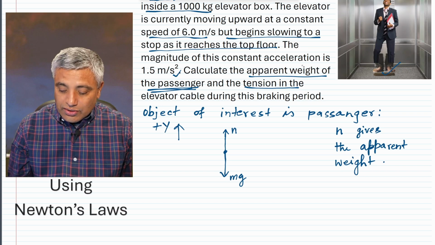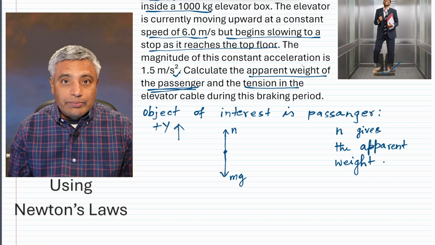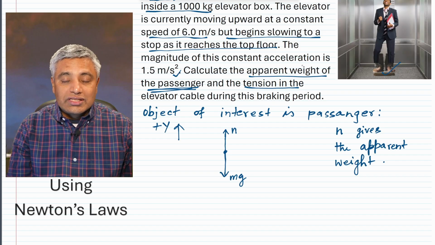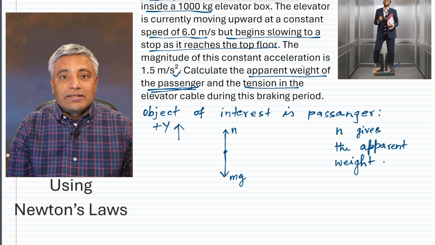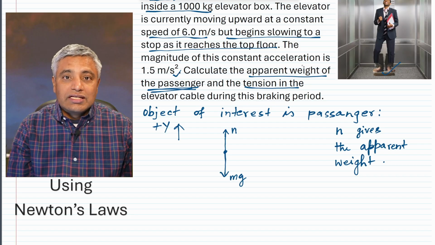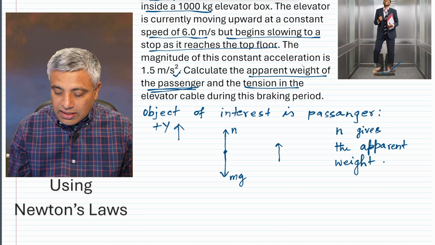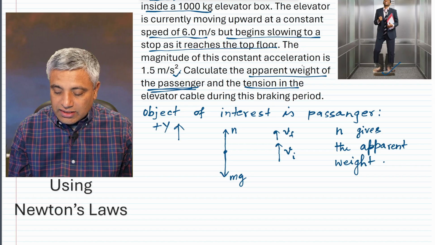In this case, the object is moving up but slowing down. That means acceleration is in the opposite direction of motion. In a previous unit of this series, we already learned how to figure out the direction of acceleration. In short, let's say this is the initial velocity, and the final velocity is shorter because it's slowing down.